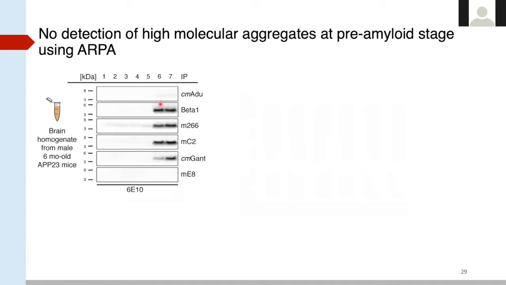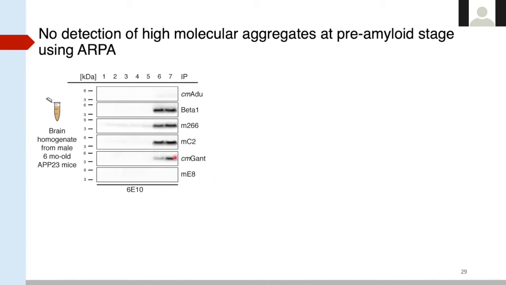And interestingly, we did not detect anything with aducanumab, which did recognize something in vivo, as I hopefully could convincingly show you before. We also did not detect anything with ME8, which was expected, as this antibody recognizes pyroglutamate, which is a modification which appears quite late in amyloid pathology.